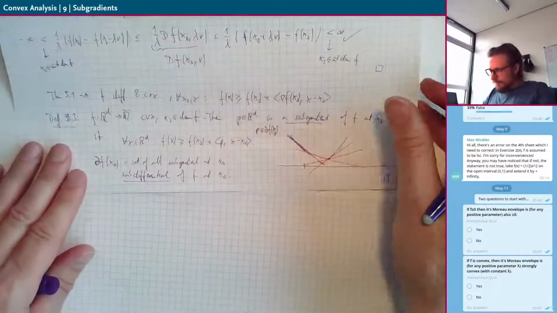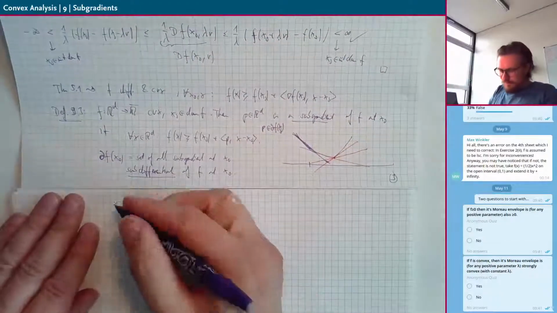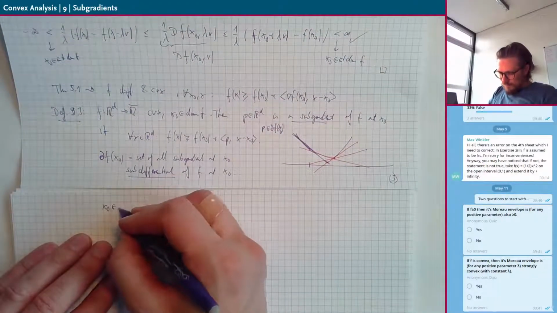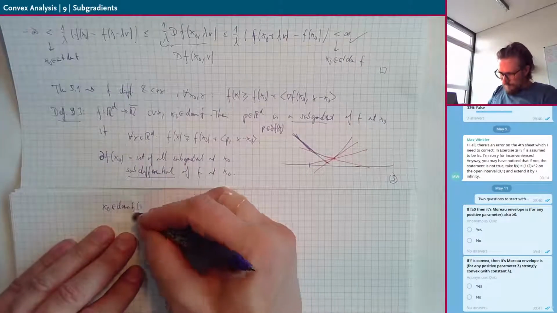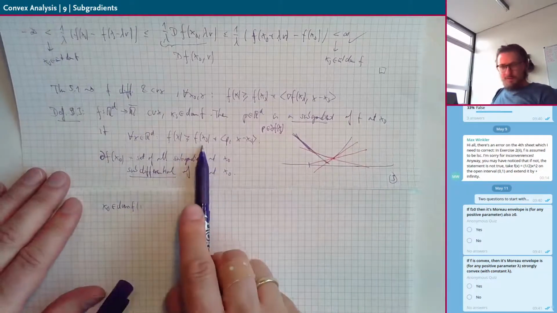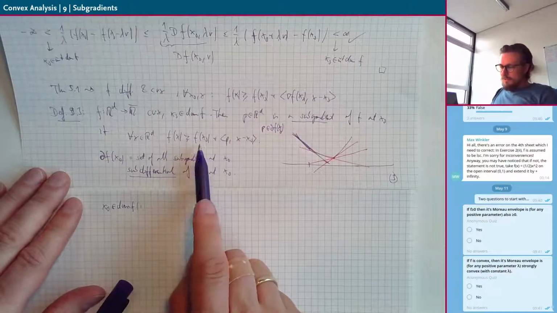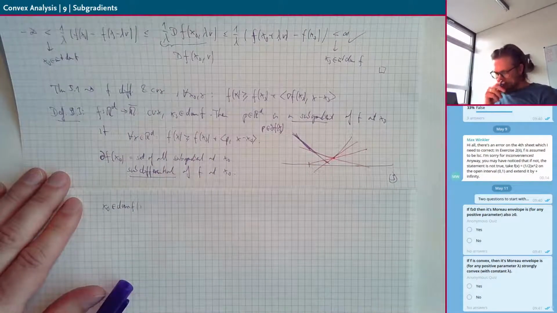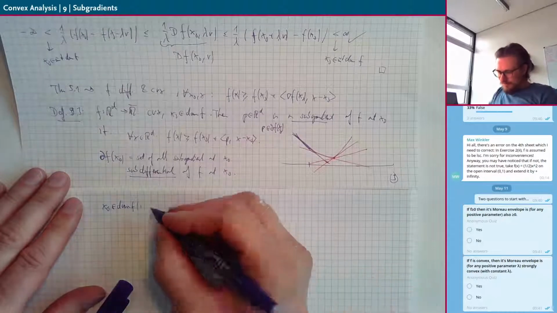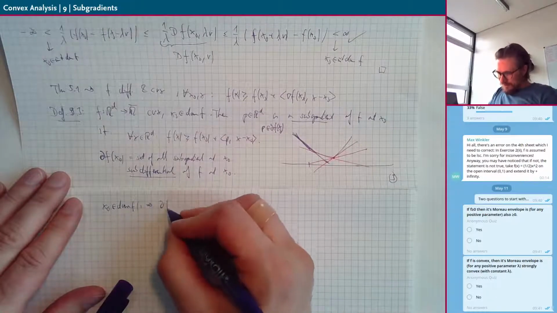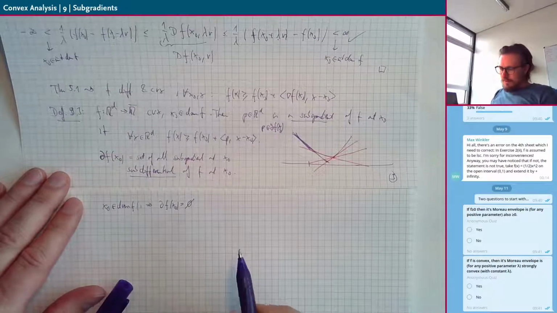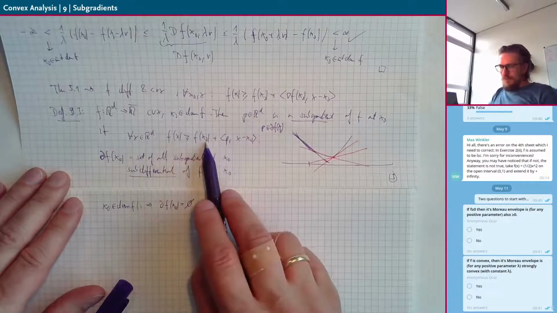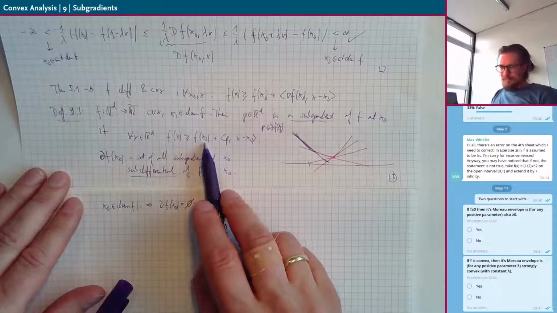There's a little bit more to say. One thing is, if x0 is not in the domain of f, meaning that f is infinite there, then we always say that the subdifferential at that point is the empty set, because you can't linearize something at infinity.